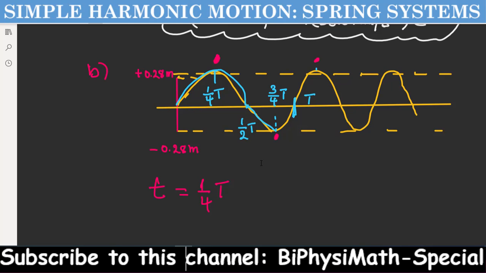And here, at time t equals period again, I have the longest displacement.